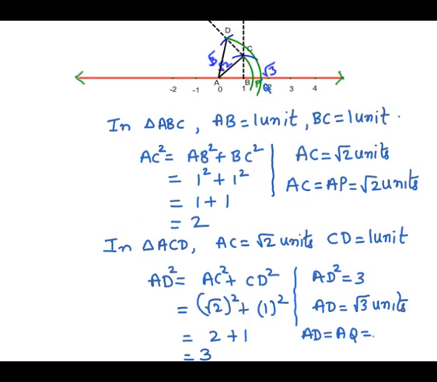AD equals AQ. Therefore, AD length and AQ length equal root 3 units. So in this way we can give the justification of our construction. Okay. Thank you everyone.